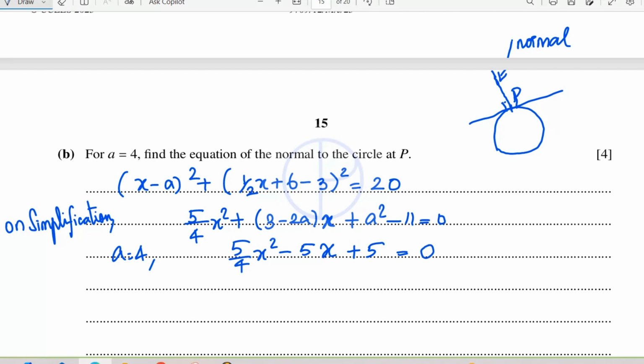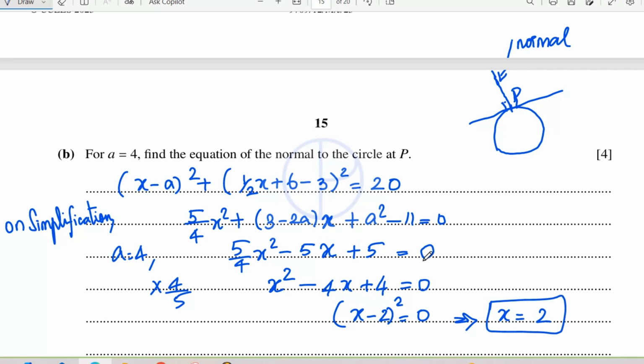To simplify this equation, divide all the terms by 5 and multiply by 4, that is multiply by 4 over 5. So we get x square minus 4x plus 4 equal to 0, or this can be written as (x minus 2) the whole square equal to 0, which gives x equal to 2.